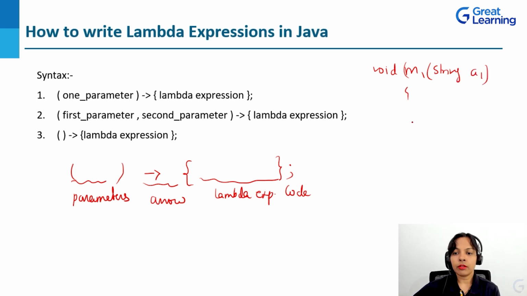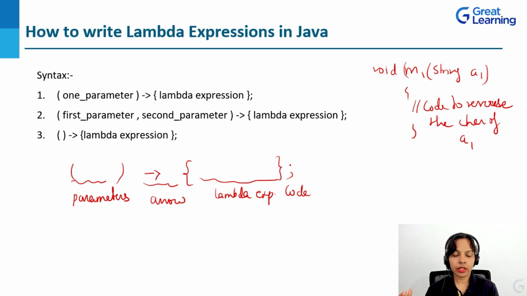The code consists of code to reverse the characters of the a1 string, right? Now, this method I don't want to write, because it is being used suppose only once in my program, so I have to convert this into a Lambda expression.